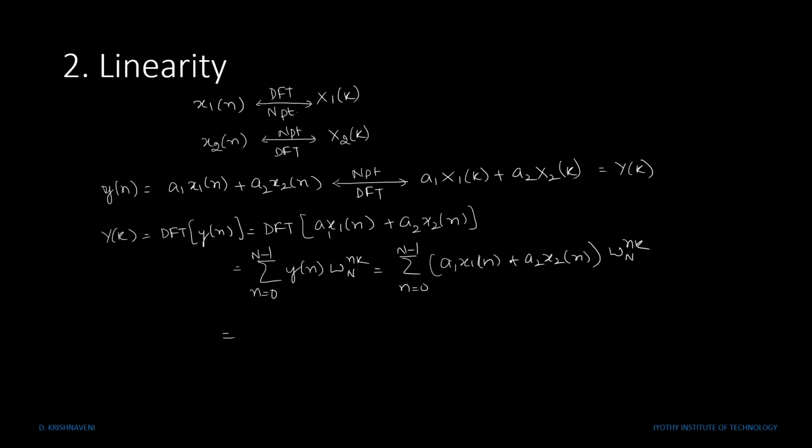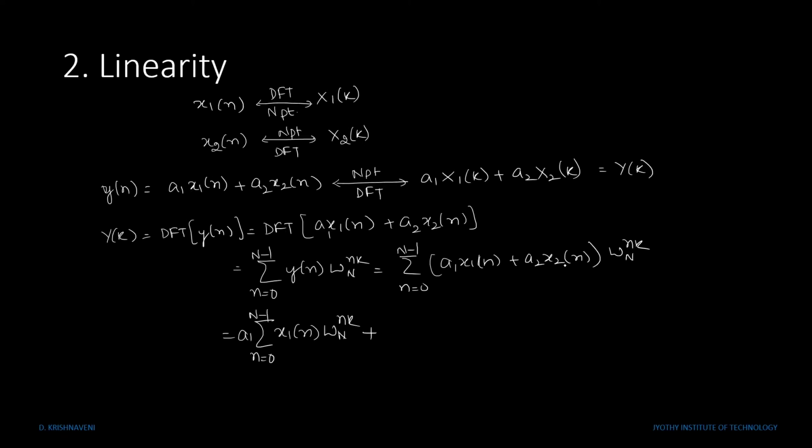You have two terms separated by a plus sign here. We will multiply and separate the summation. So you have summation 0 to N minus 1 a1 x1 of n W_N to the power of nk. a1 I'll write outside because it is a constant, x1 of n W_N to the power of nk.